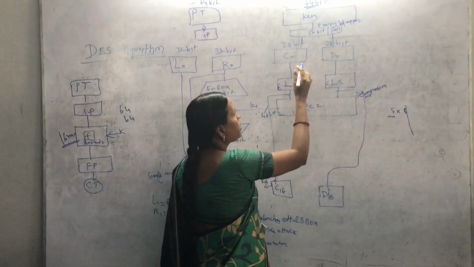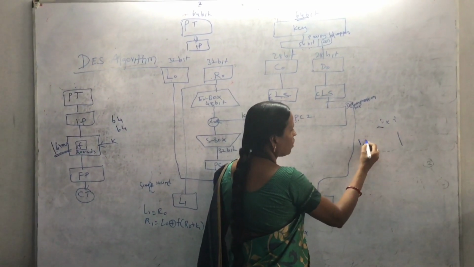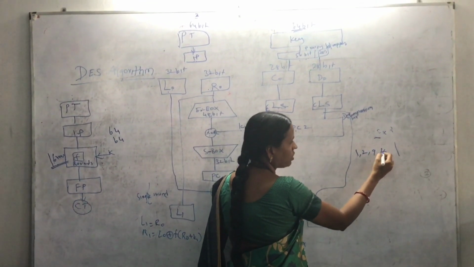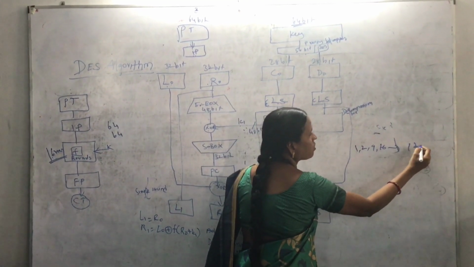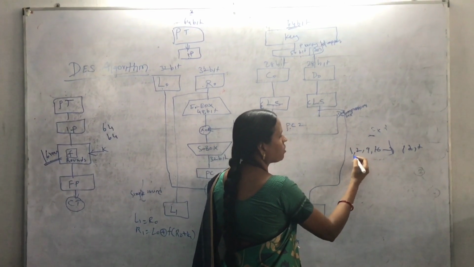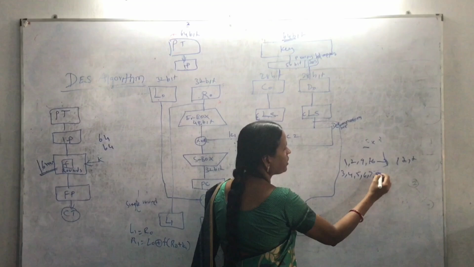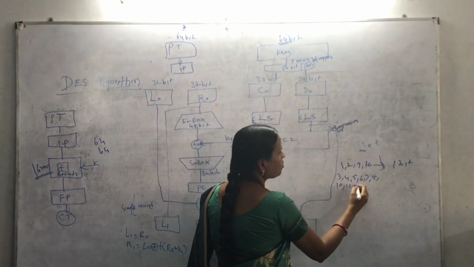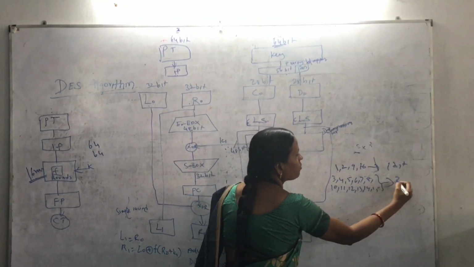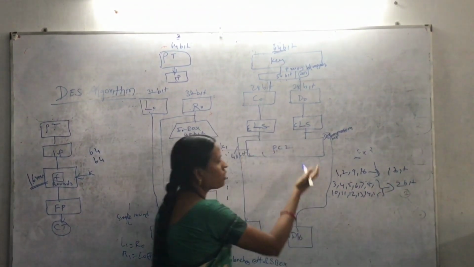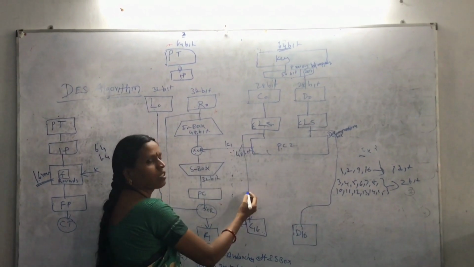For round 1, round 2, round 9 and round 16, we shift the value by 1 bit position. For the remaining rounds, 3, 4, 5, 6, 7, 8, 10, 11, 12, 13, 14, 15, we shift by 2 bits. So after shifting by 1 bit and 2 bits, we get the 16 keys.